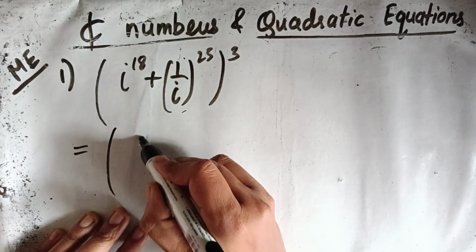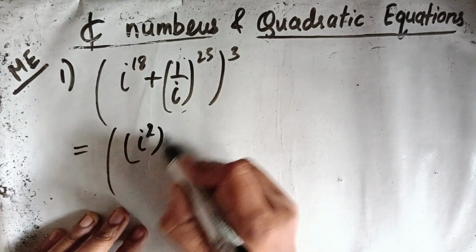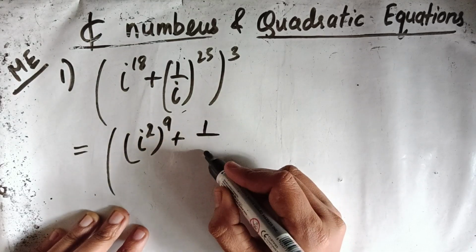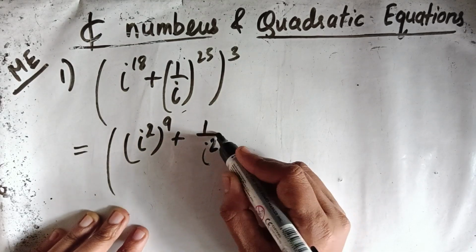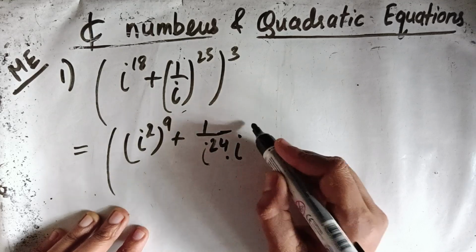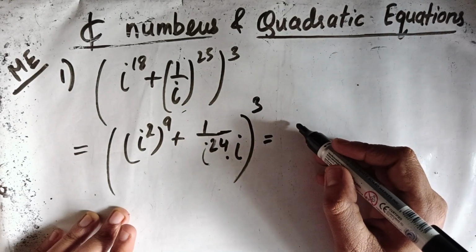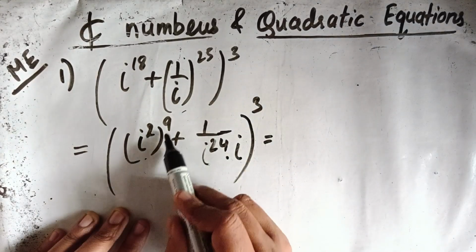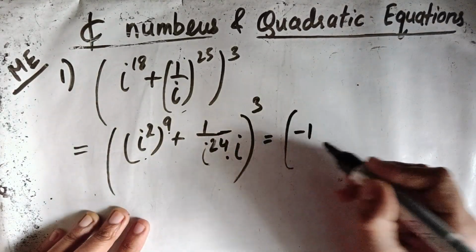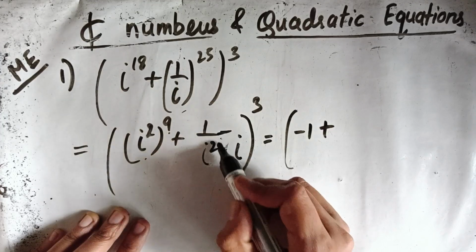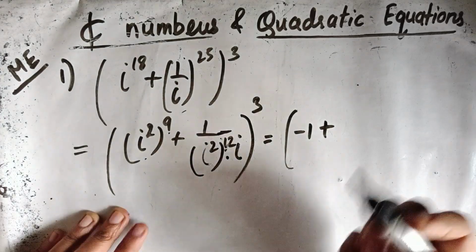I raised to 18 can be written as I square raised to 9, plus 1 upon I raised to 24 into I. Right. Cube. So I square raised to 9, this is minus 1. So it will be minus 1.